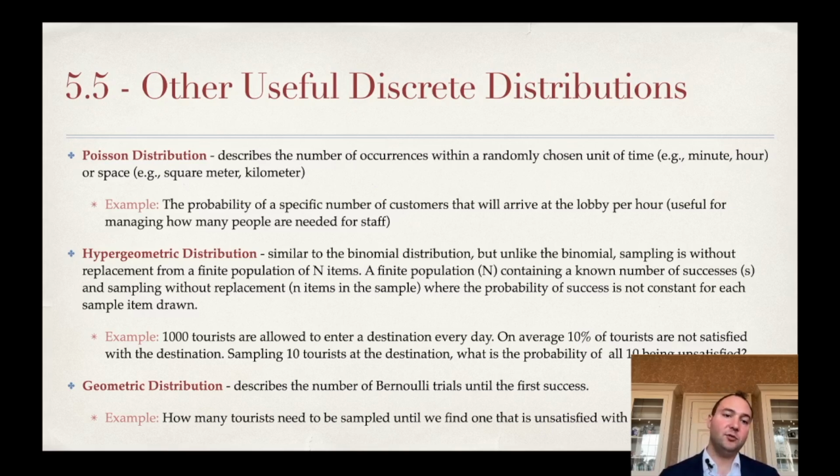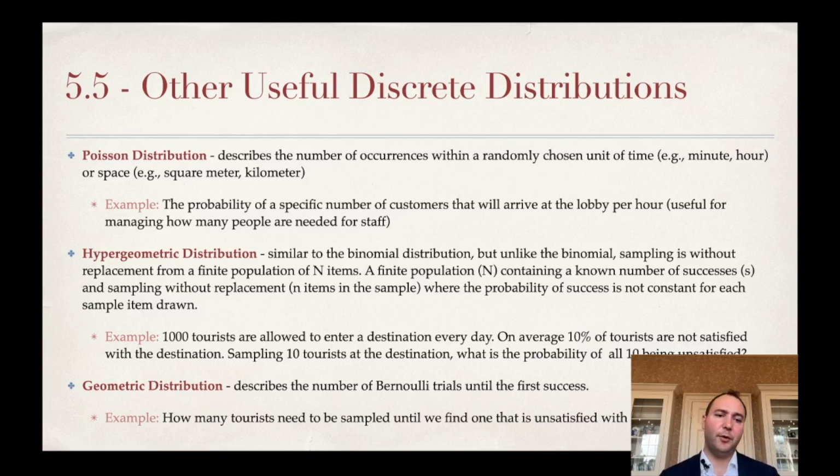A hypergeometric distribution is similar to the binomial distribution, but unlike the binomial, sampling is without replacement from a finite population of n items. A finite population n containing a known number of successes, and sampling without replacement, n items in the sample, where the probability of success is not constant for each sample item drawn.